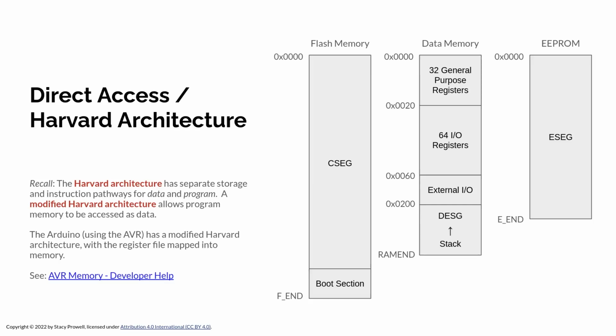So the AVR has a modified Harvard architecture, and this is an example of what it looks like on the right-hand side of this slide. You've got some flash memory, you have data memory, and you'll notice up at the top, 32 general purpose registers. That's right, the register file is in memory and can be addressed in that way. And then there's the electrically erasable programmable read-only memory, EEPROM, which holds your program.